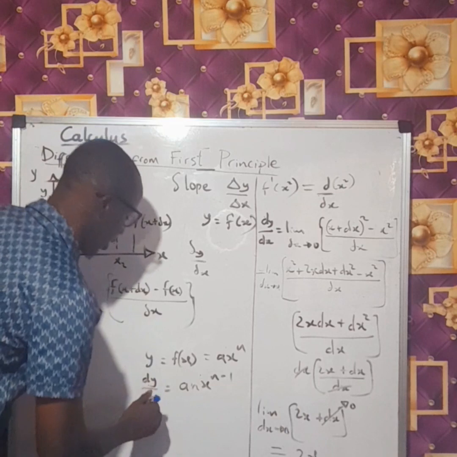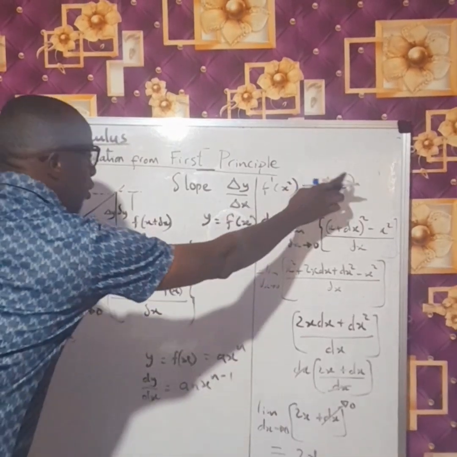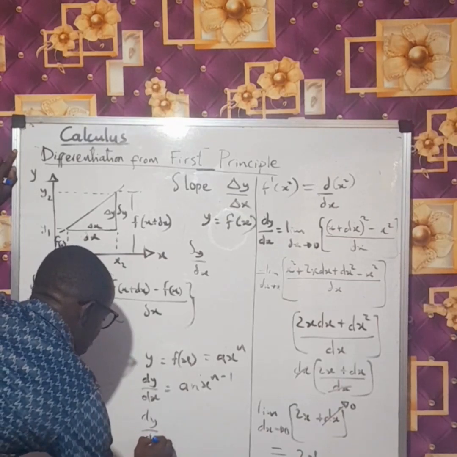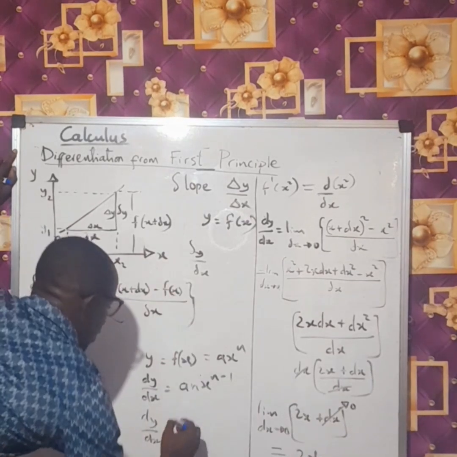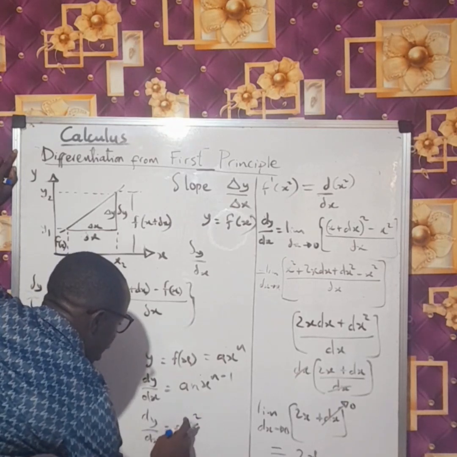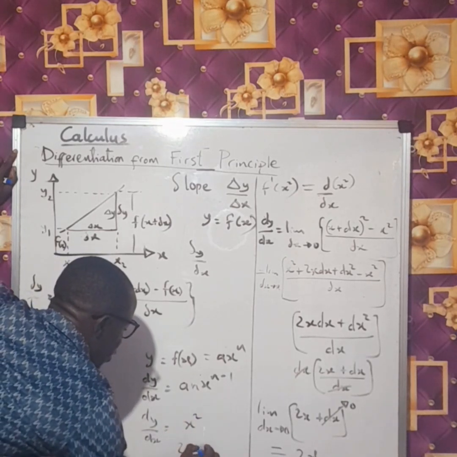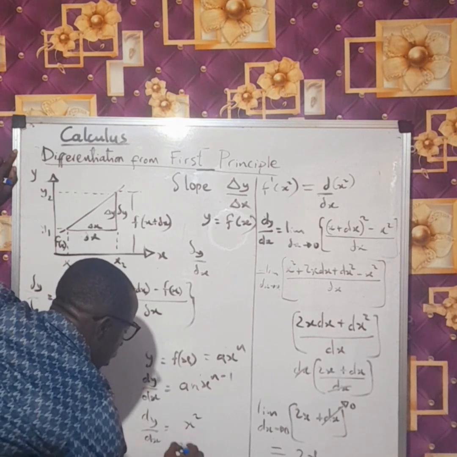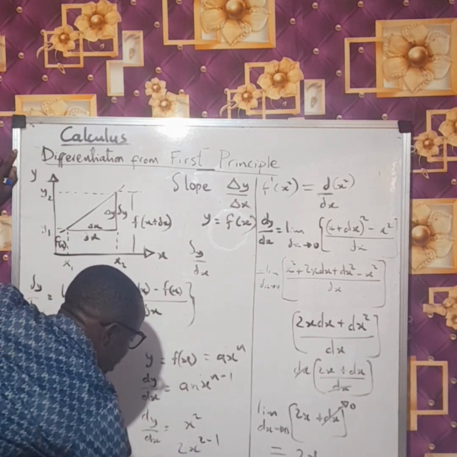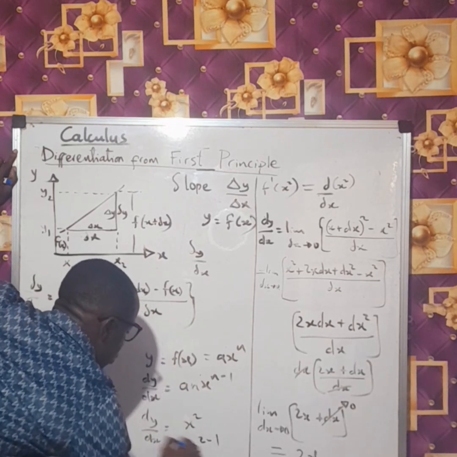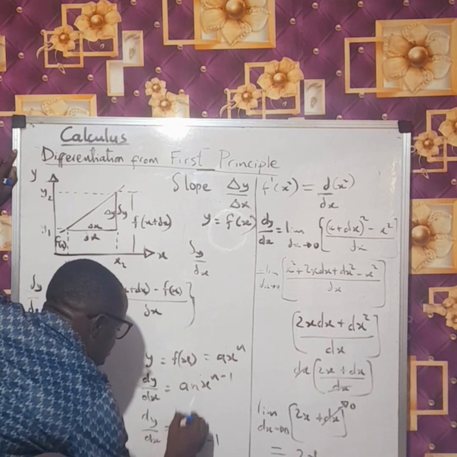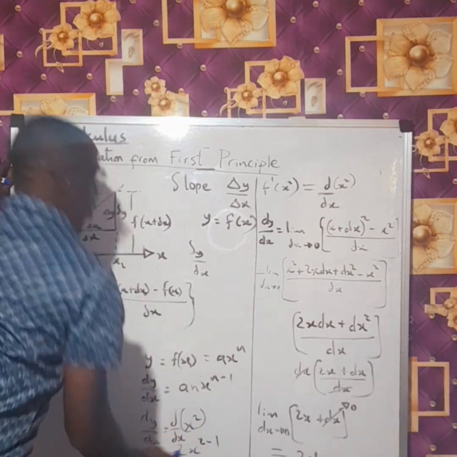So in this case we are dealing with x squared, as our question is x squared. Differentiating that, you have 2 times x to the power 2 minus 1. So at the end our answer is 2x, because I've differentiated this. It gives me 2x.